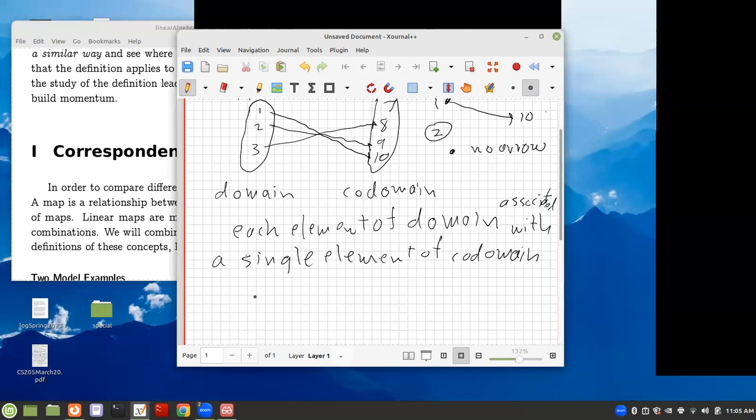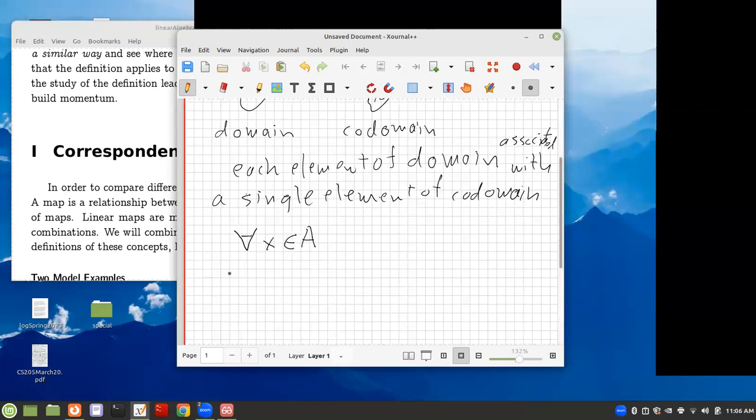We can express this definition of a map more formally by saying that for every a in A, remember this is the upside-down A for all, or every, member of A, there is a b, a member of B, such that b equals F of a.